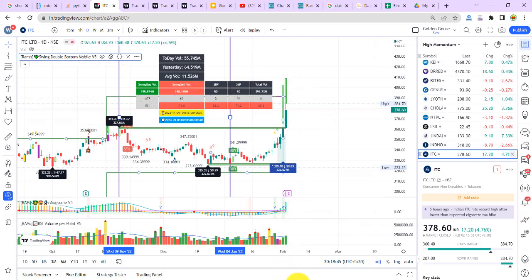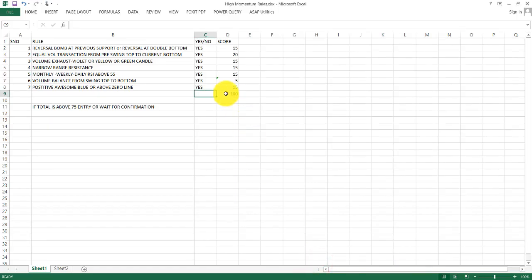So let's see, for testing purposes, let's assume that we don't get the reversal, this one, and we don't get the volume balance. See, 80.